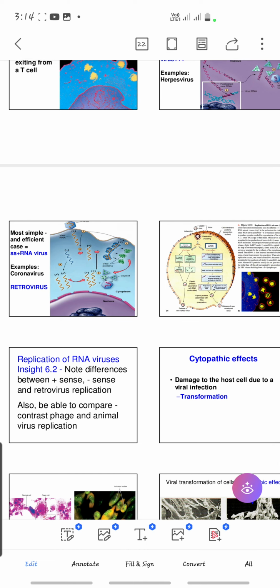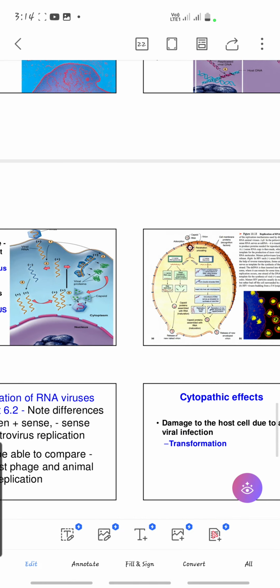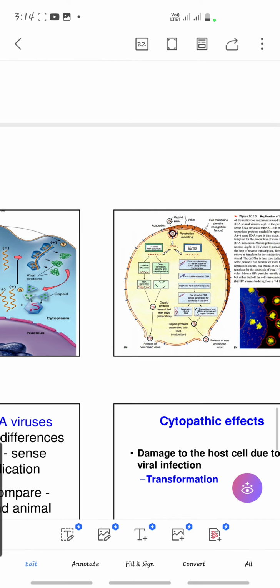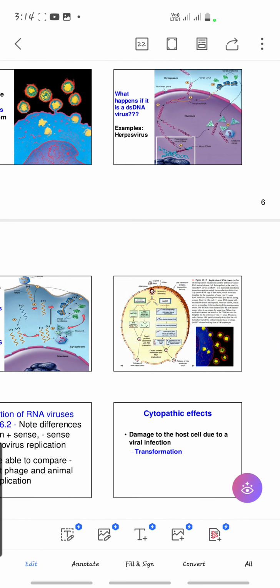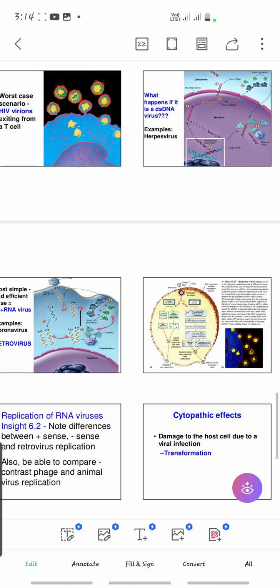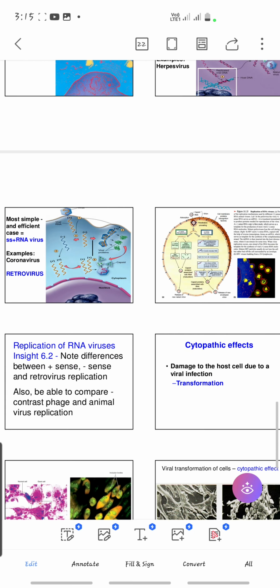Another example, we have the most simple and efficient cases, for example RNA viruses. One good example is coronavirus or retrovirus. Another illustration gives emphasis on the replication of RNA viruses, and that explains again what I said a while ago, which started with adsorption, penetration, uncoating, synthesis, assembly, and release.